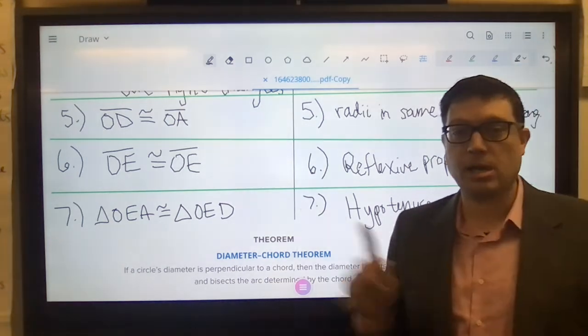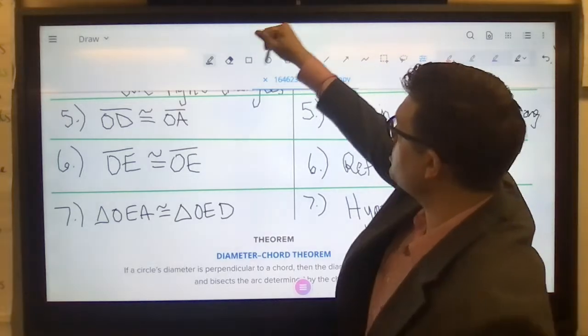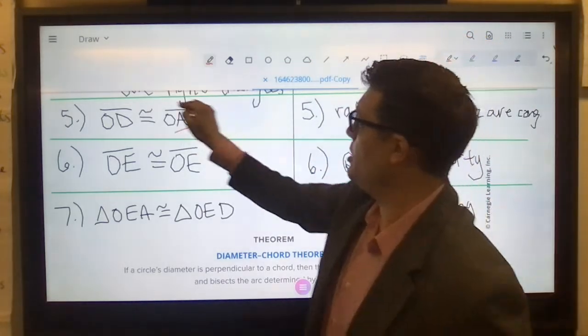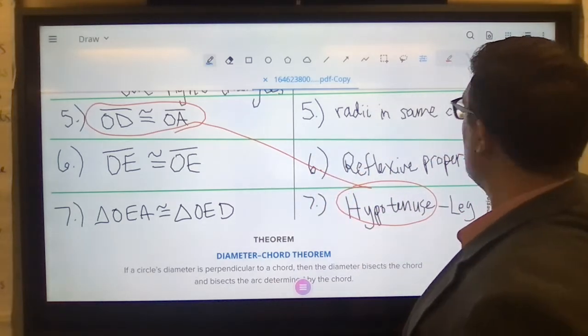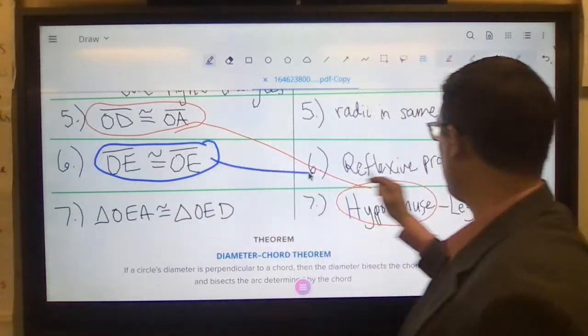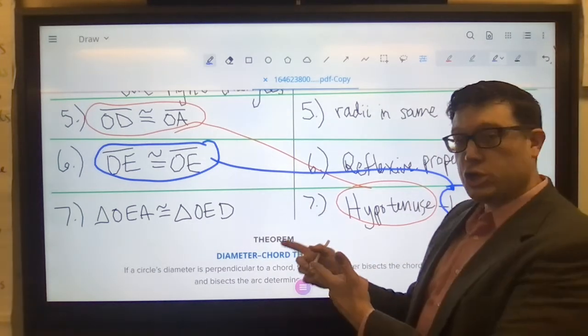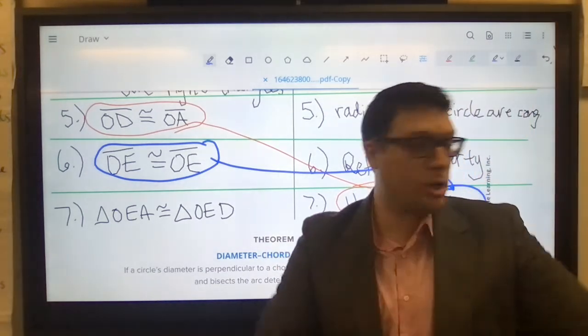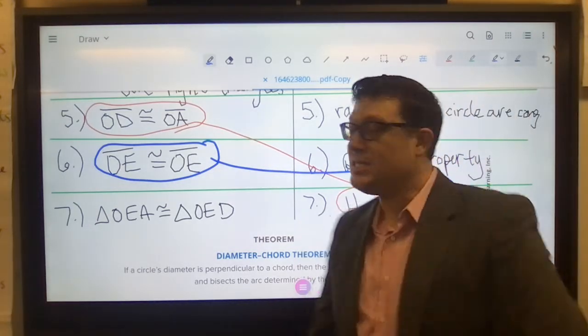And the leg that I'm talking about is this one. This is a leg. Here's the hypotenuse. I'm going to draw a little mark showing the hypotenuse and the leg that I'm talking about. Those 2 things are what we needed to say to show that the triangles are congruent. Since the triangles are congruent, that therefore means EA and ED are the same.